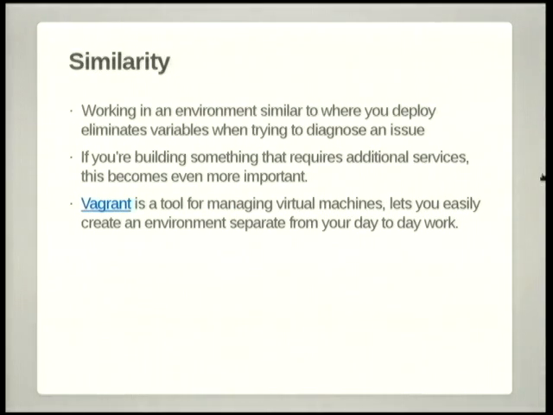And finally, this idea of similarity. Having an environment that's similar to your production environment sort of eliminates one big question mark when you're trying to debug a large system. So there's a tool called Vagrant that we're not going to talk about this afternoon, but I encourage you to go look at. It's basically a way that you can manage virtual machines on your local laptop for development purposes.